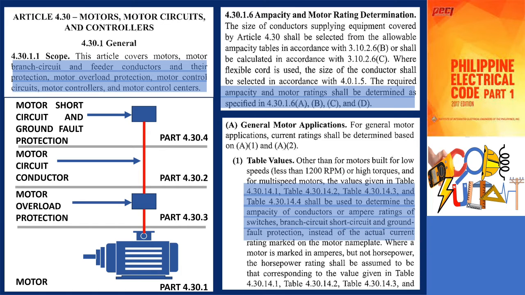The value obtained from the appropriate table should be used to determine the ampacity of motor circuit conductors, the ratings of switches, and the short circuit and ground fault protection required for branch circuits. It is important to note that the value obtained from the table is not the same as the current rating marked on the motor nameplate.